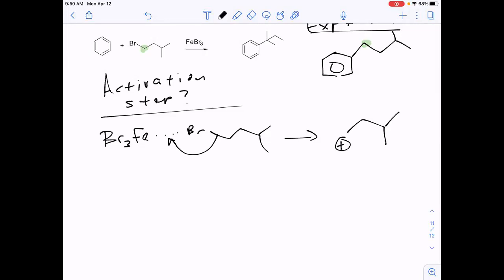What type of carbocation is that? Is it primary? Is it secondary? Is it tertiary? Primary. It's primary.